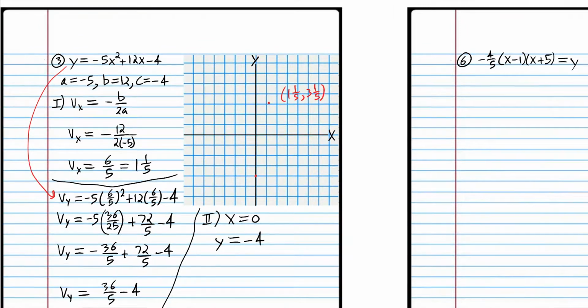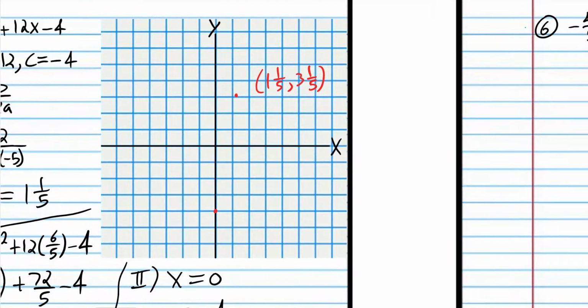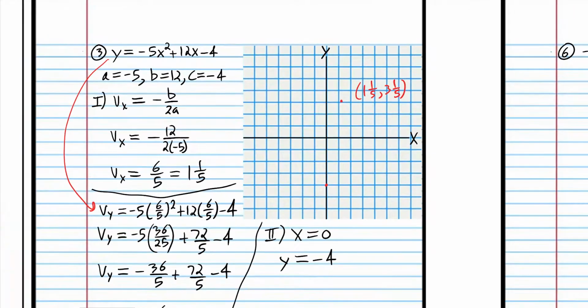Now, again, it's hard to use symmetry on this problem. So instead of using symmetry, I'm just going to plug in, say, maybe 2 or maybe 3. Probably 2 is better in this case.